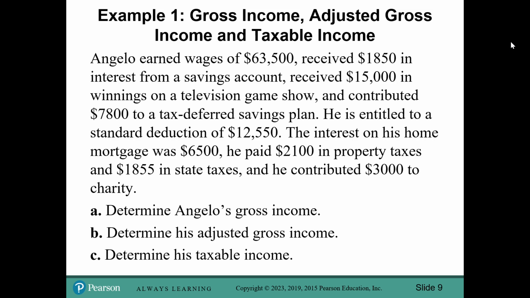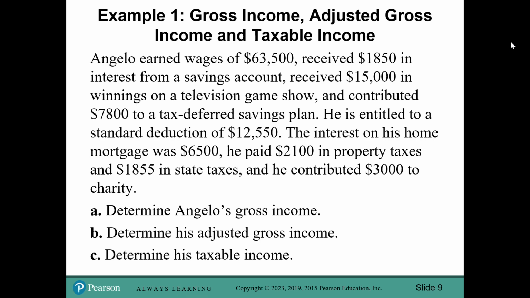Now, Angelo earned wages of $63,500, received $1,850 in interest from a savings account, received $15,000 in winnings on a television game show, and contributed $7,800 to a tax-deferred savings plan. He is entitled to a standard deduction of $12,550.